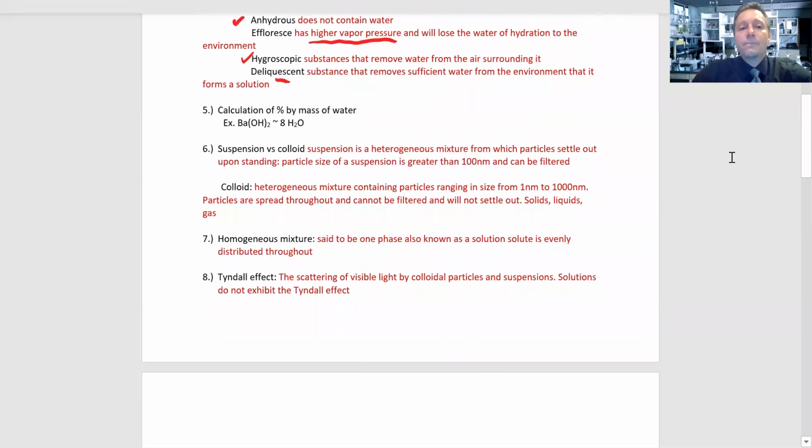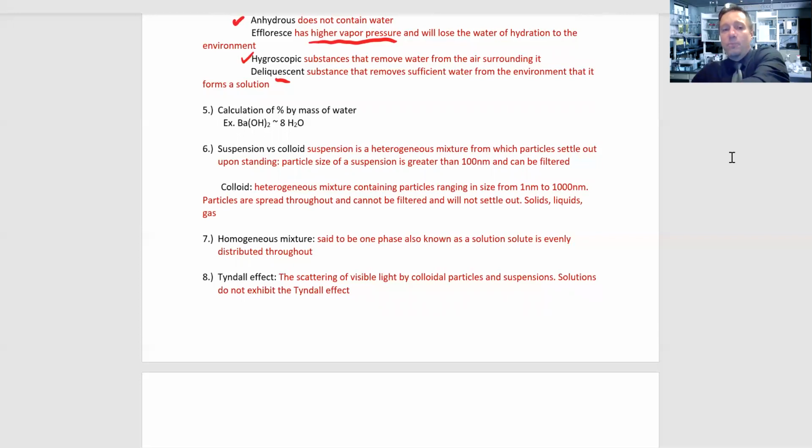Number 5, calculate the percent by mass of water in barium hydroxide octahydrate. All right, so remember how we do this. We calculate the total mass, including the water, and we divide that into the amount of water, the mass of it.